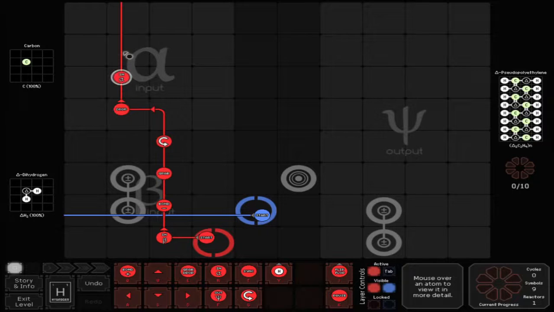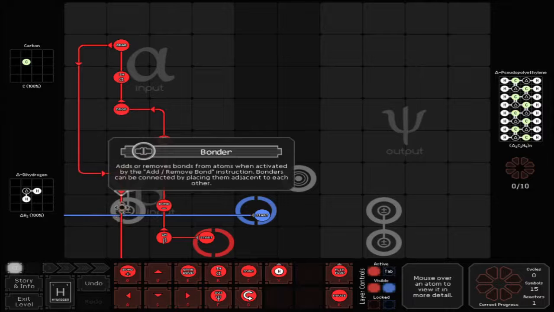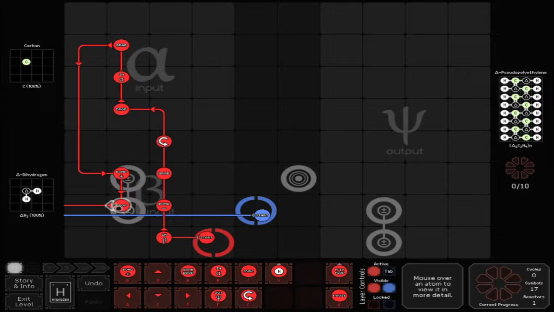Then he'll go back up, grab the carbon, bond it to the hydrogen that was left behind. Thanks to our friend Flip-Flop, I can give him a pathway to get back around.